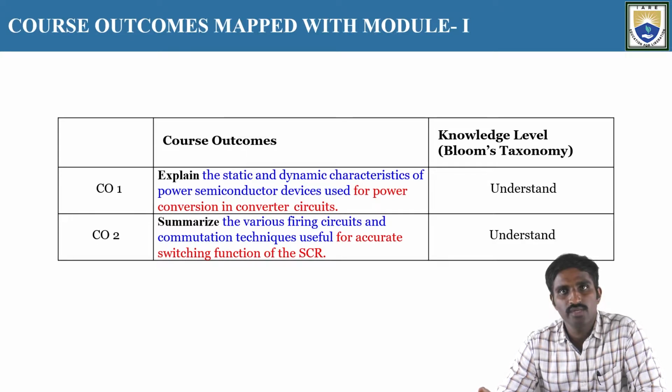So it is very important to understand the various firing circuits as well as the different commutation techniques to operate the SCR. CO2 is also at the understand level with respect to Bloom's level.